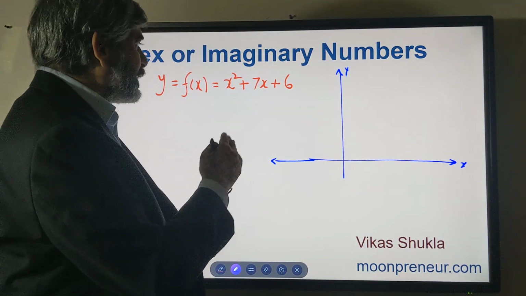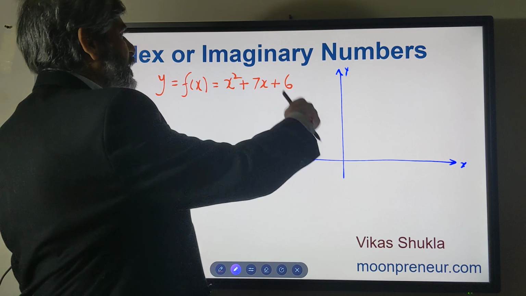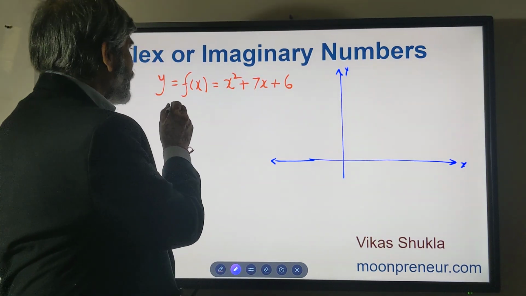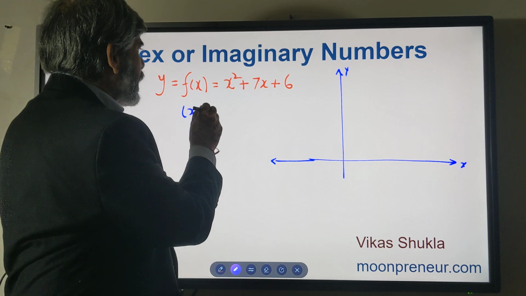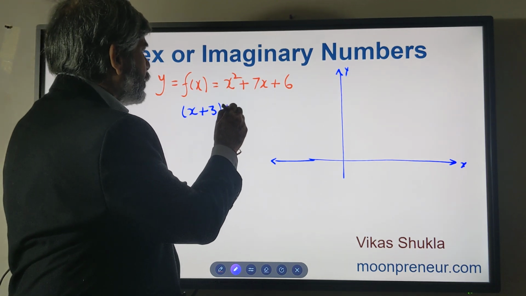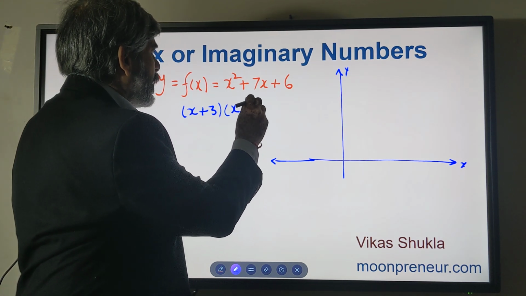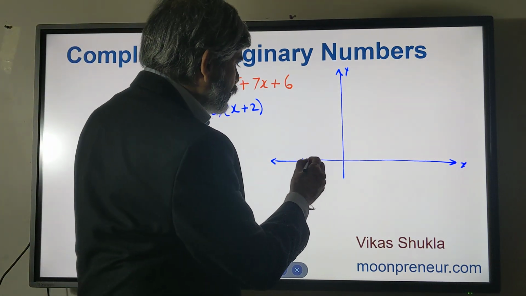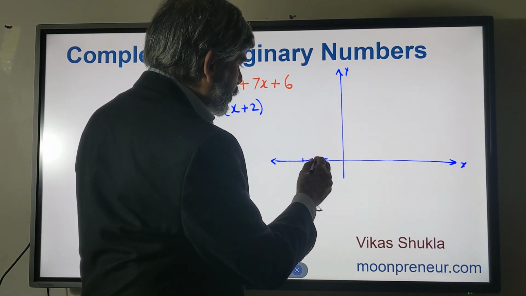We know that as x increases, y increases faster because of this square term. I can factorize this. I will get x plus 3 multiplied by x plus 2. So it has two roots, one at -2 and another at -3.